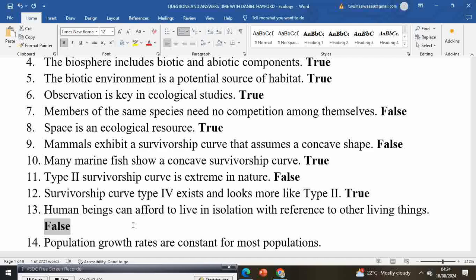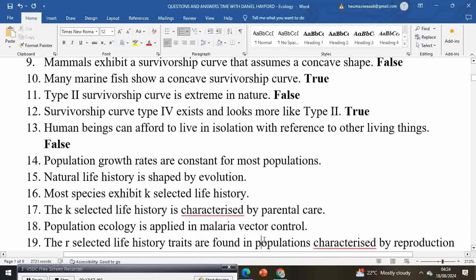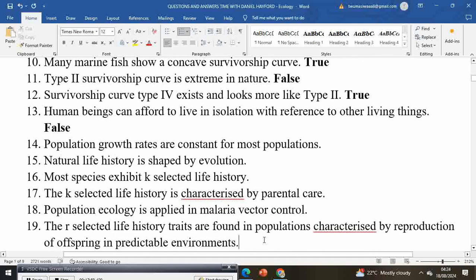We feed on other organisms. So we can't live in isolation. We can't say that we will destroy all organisms in the world, and because we are a dominant group, we are going to live on Earth alone. No, we can't do that.